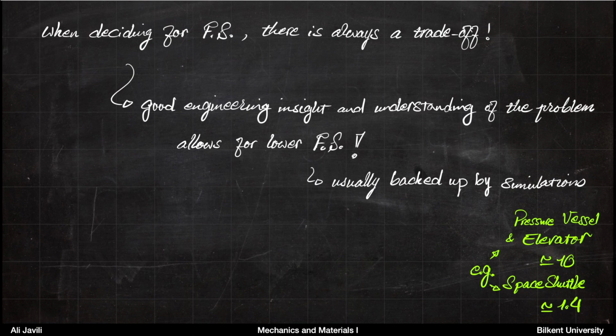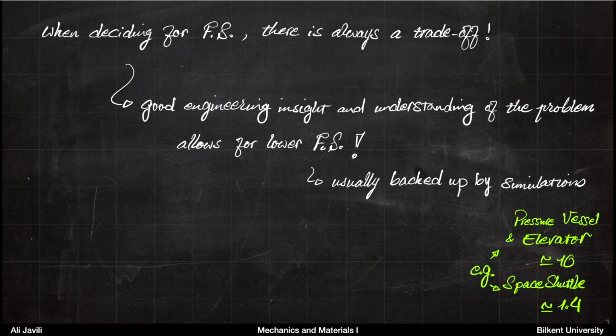So you can imagine that the space shuttle is a much more complex structure. If you wanted to design a space shuttle with a factor of safety of 10, possibly you would end up with a heavy shuttle that would never fly, essentially, or it would not be economical. But also, more importantly, you should realize that a space shuttle is a much more complex structure.